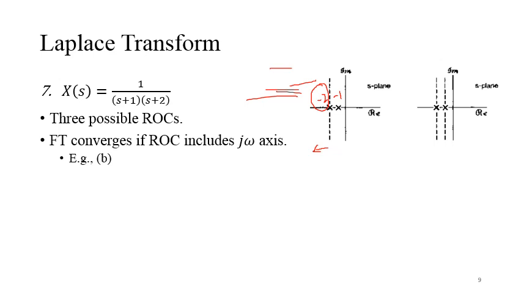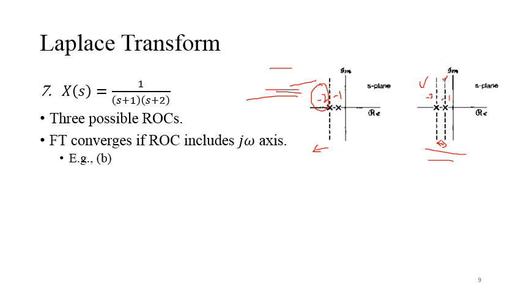And it can also be a two-sided signal, and we say the ROC is greater than minus 2 and less than minus 1. So in this case we say this is a two-sided signal, like the previous example you did, where the signal exists from 0 to minus infinity and also from 0 to positive infinity.